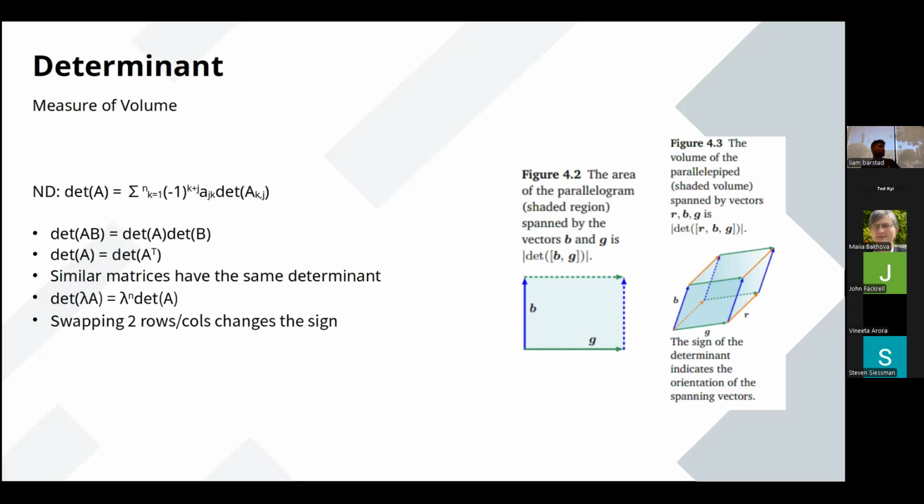So the determinant of AB can be expanded as the determinant of A times the determinant of B. It should also make more sense why the determinant of a transpose is the same as the original matrix. And something very important is that similar matrices have the same determinant.